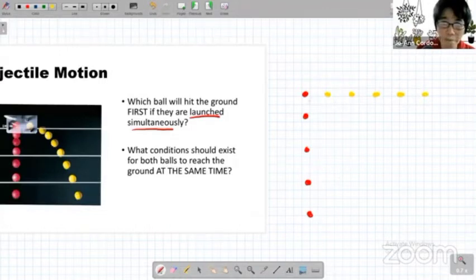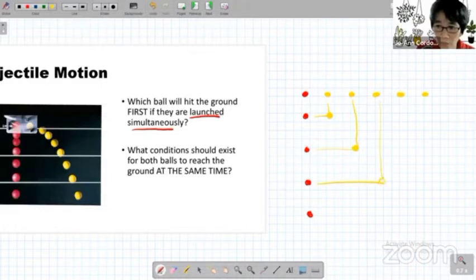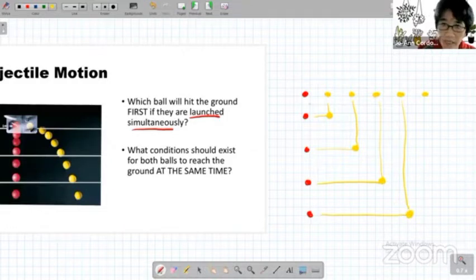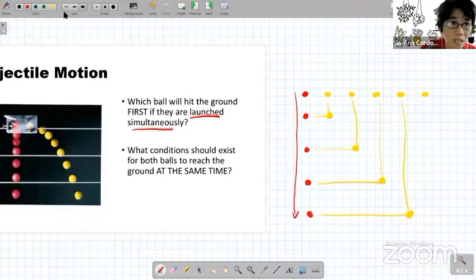So therefore, when the red ball is here, the yellow ball actually will be somewhere here, right? And when the red ball is here, the yellow ball will actually be here, and so on. So that if we fix a certain condition, then that means that as the red ball drops downward, habang yung red ball natin nagda-drop downward siya ng paganito, yung ating yellow ball din should be dropping to the ground in this direction.